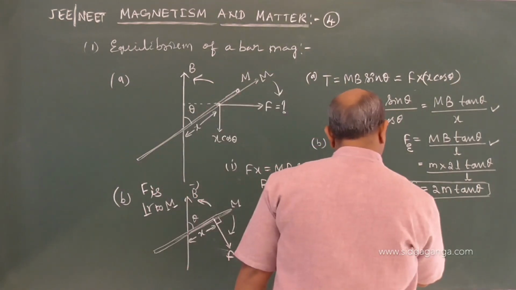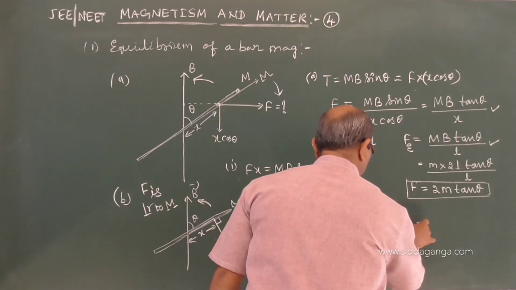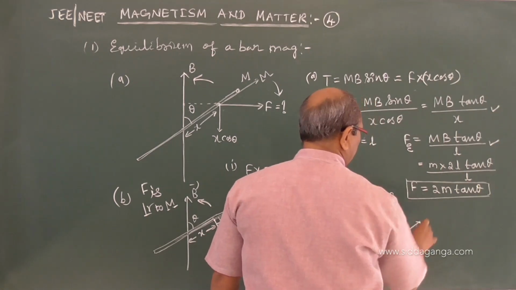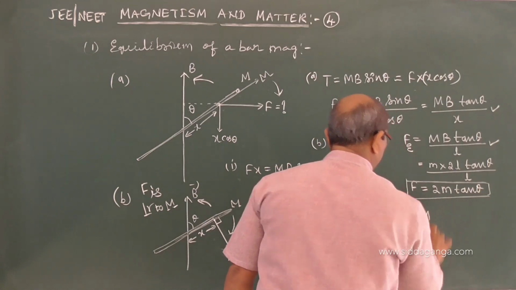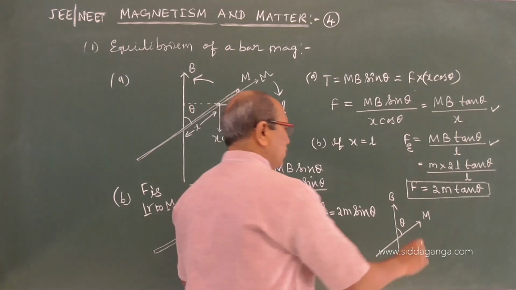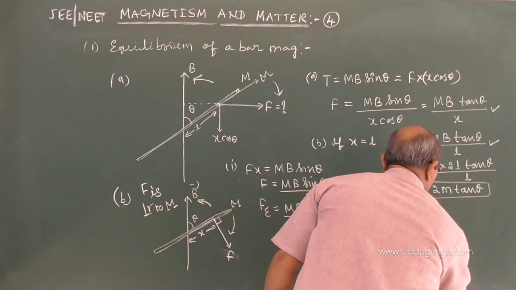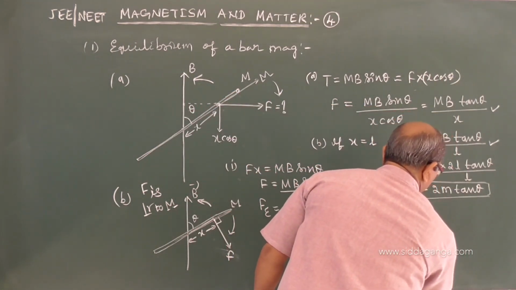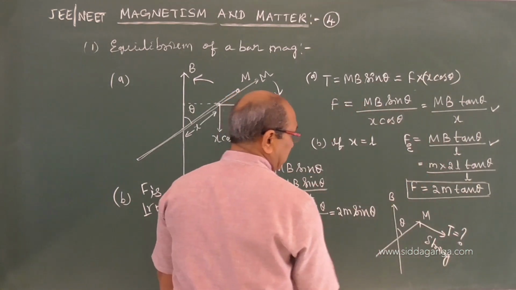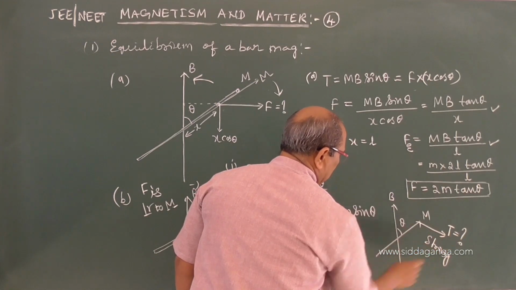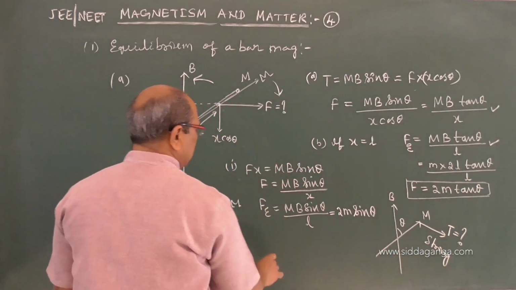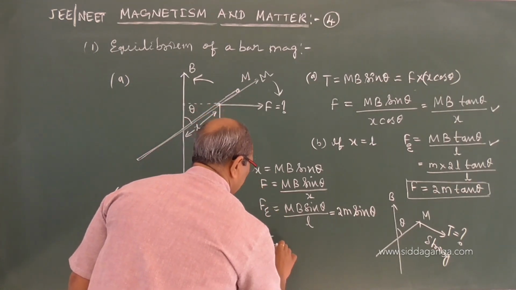Suppose at the end point the field is applied, and this is the moment at angle theta. If this force is applied through a string, suppose the force is applied like this with a string, then the tension in the string is required. Tension in the string, if you are applying it there, the same relation for F can be written for the tension.